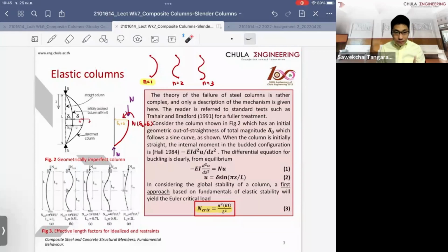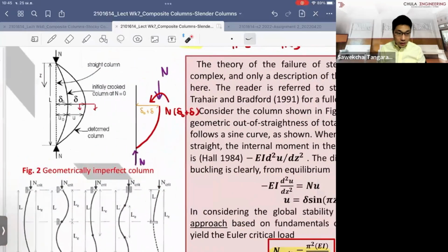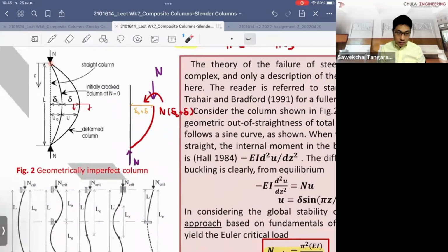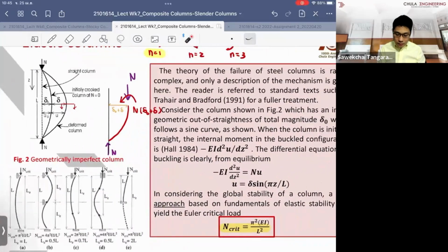And when we derive them, it's based on the boundary condition where you have the pin connection here and another pin here. So that's why the length of the member that they use, and they derive this equation, is coming from this curve.